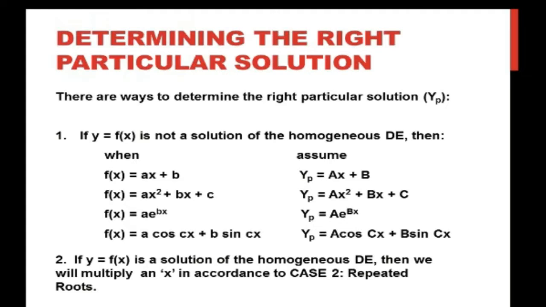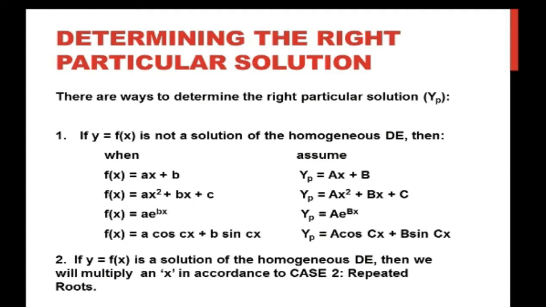So, paano nga ba natin malaman kung ano gagamitin nating particular solution? So, there are ways to determine the right particular solution or yung yp natin. So, una, kung hindi siya solution ng homogeneous DE, so pwede natin gamitin na mag-assume tayo na kapag yung right side or yung coefficient natin ay ax plus b, i-assume natin na yung yp ay ax plus b.